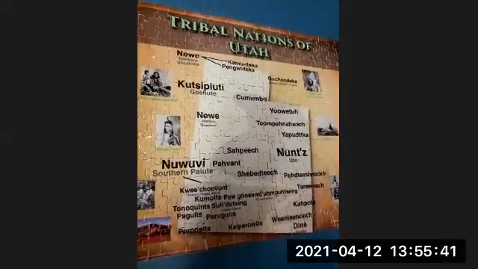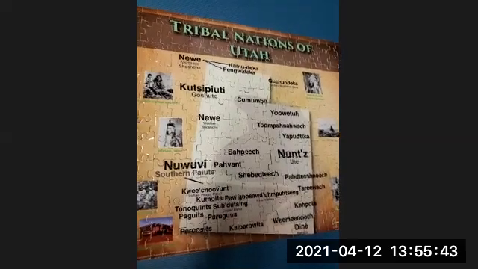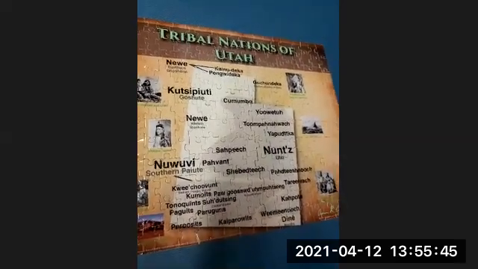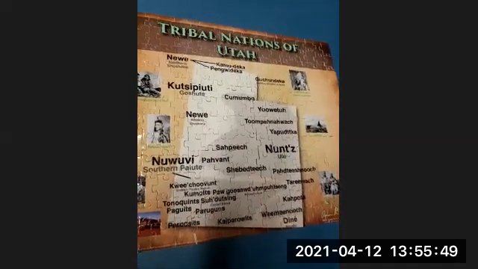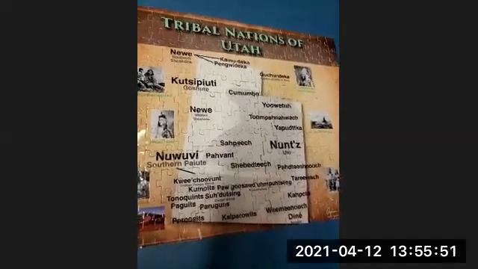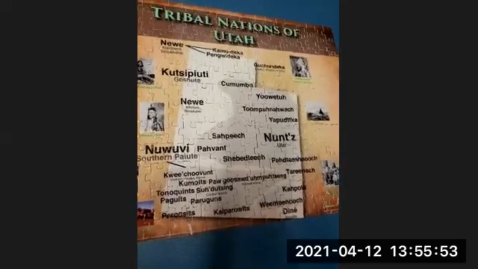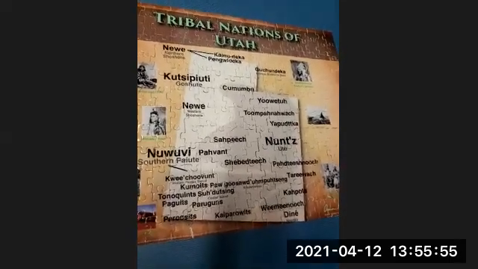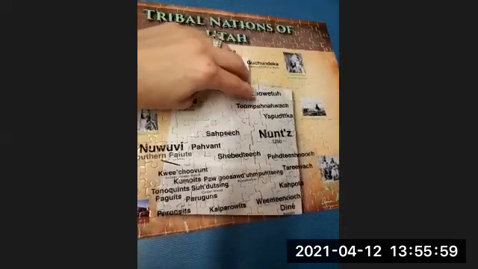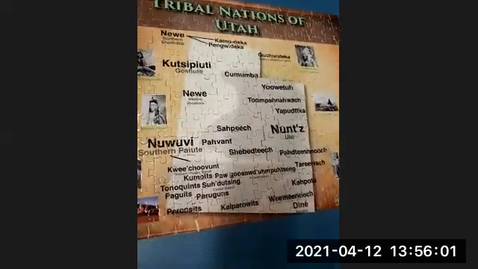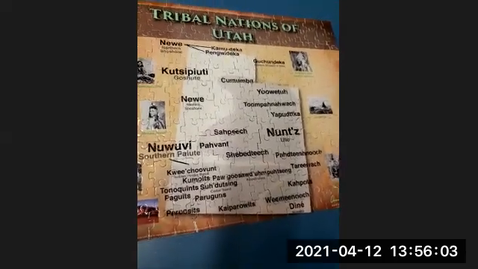So these are the tribal nations of Utah. Now there are so many different spellings and pronunciations of these tribal names. So, if you've heard of something different, that's okay. That doesn't mean one is wrong. That doesn't mean one is right. They could be both, all of them could be correct.